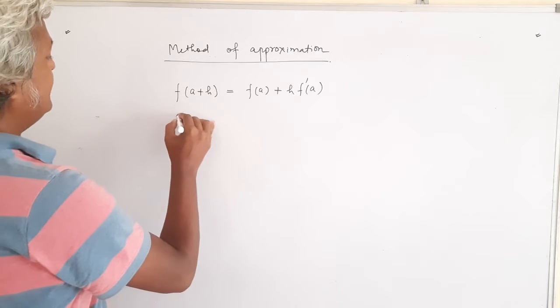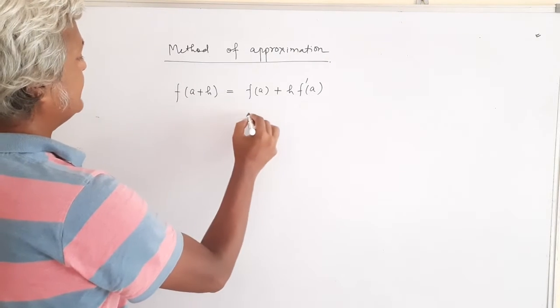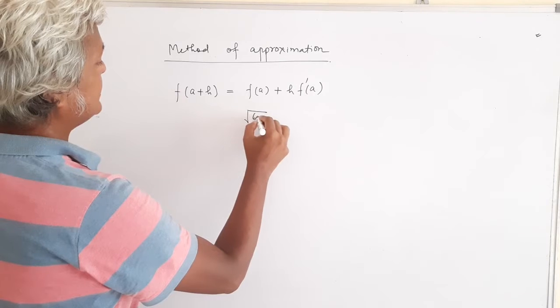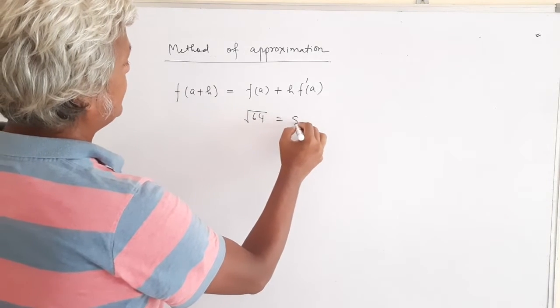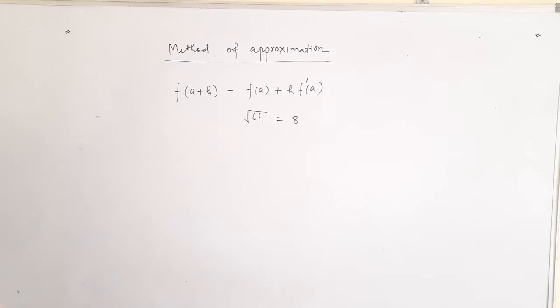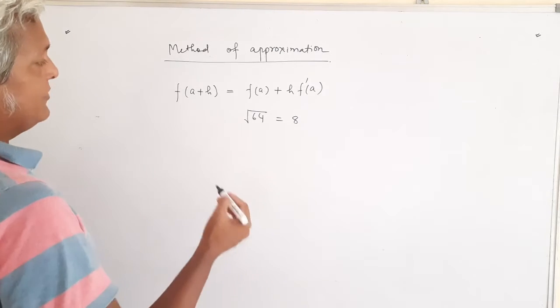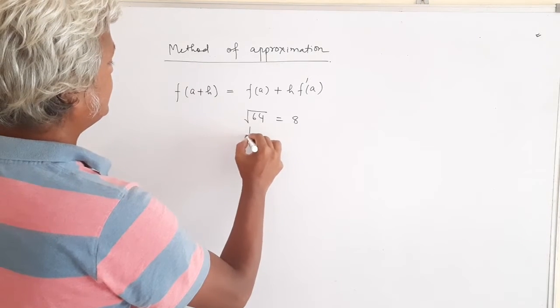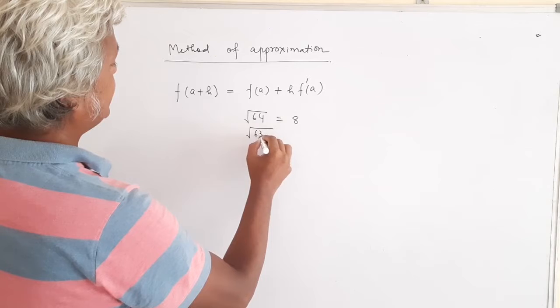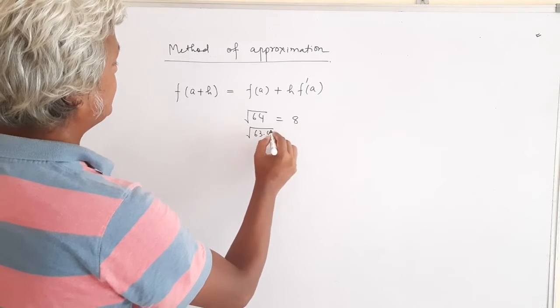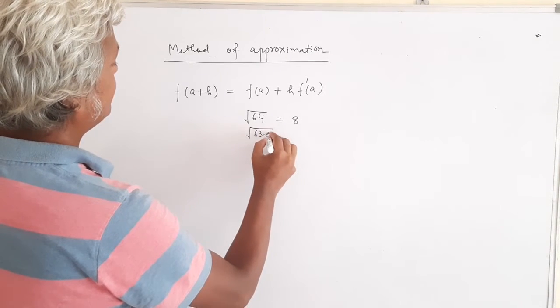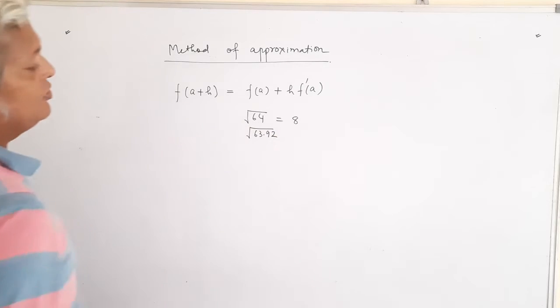Suppose you know that the square root of 64 equals 8. Now you have to find the square root of 63.92.